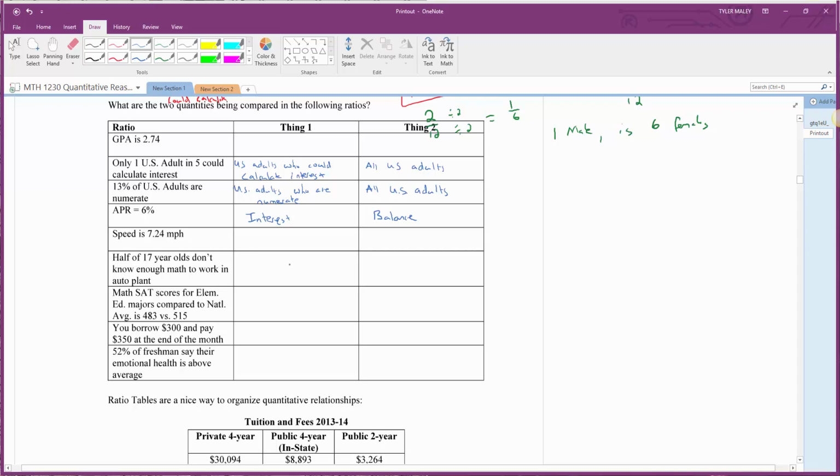The next row we have speed is 7.24 miles per hour, right? So if we think about miles per hour, miles represents distance and hours represents time. So these units can help us remember what type of ratio this is, but this would be distance compared to time.